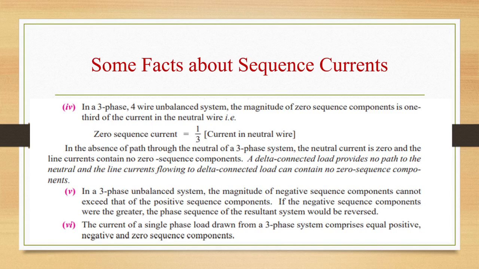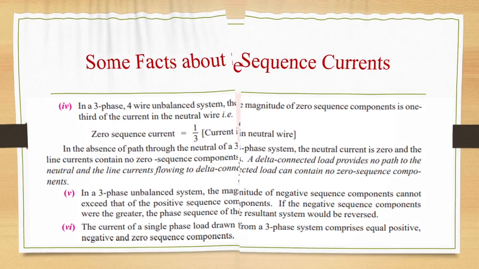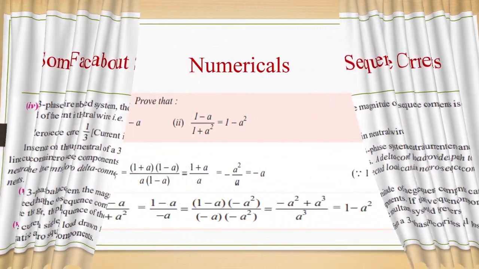Fifth point is, in a three-phase unbalanced system, magnitude of negative sequence components cannot exceed that of the positive sequence components. If the negative sequence components were the greater, phase sequence of the resultant system will be reversed. Current of a single phase load drawn from a three-phase system comprises equal positive, negative and zero sequence components.